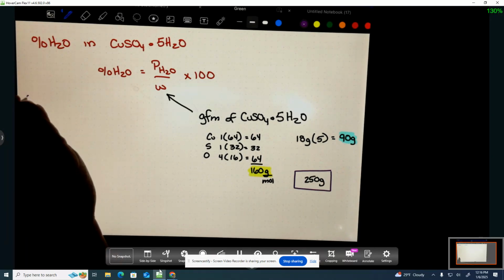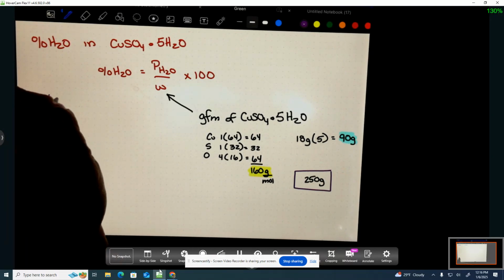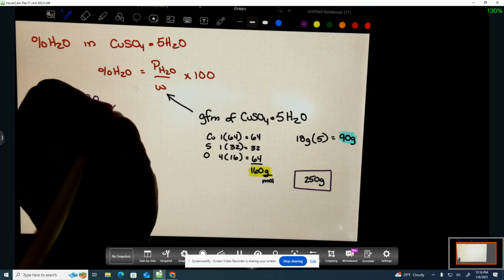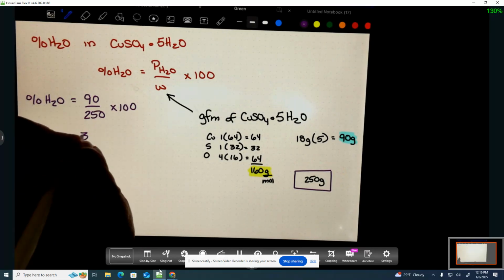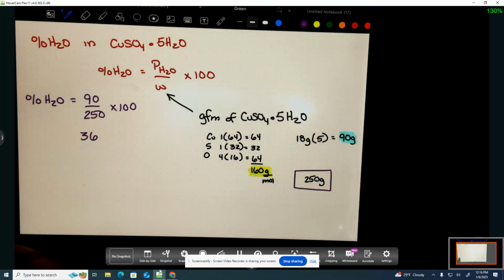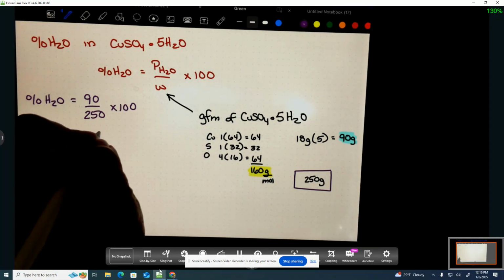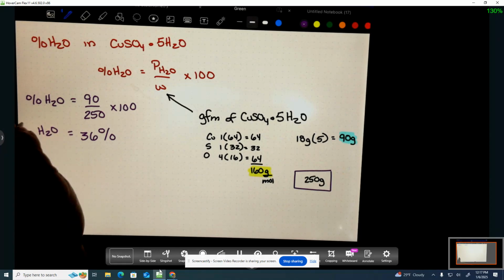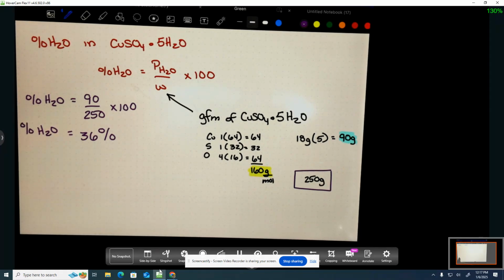Good job. So the percent of water is going to equal 90 over 250 times 100, which should give you approximately 36%. 36.1%, I think, to be exact, but I'll keep it 36%. Okay? That's the percent of water. Good?